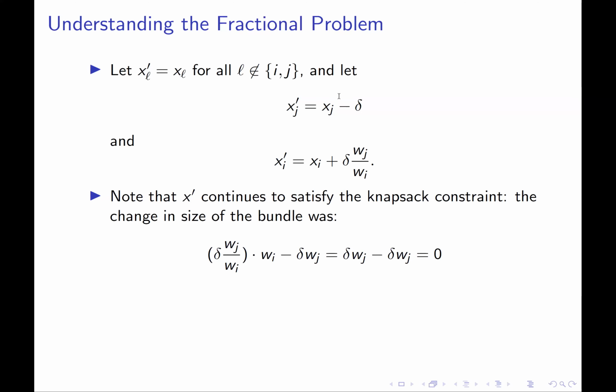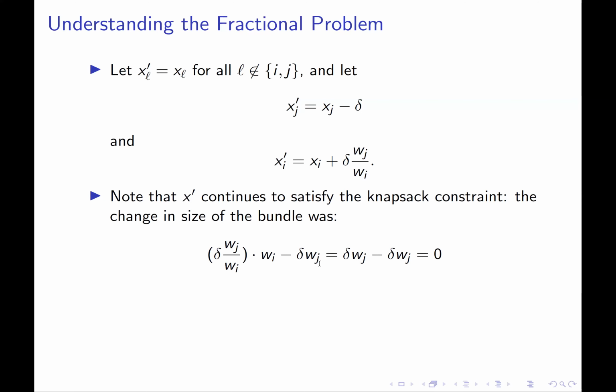On the other hand, we've subtracted delta from bidder j's allocation, which means the total size we've removed from the knapsack is delta times wj, bidder j's size. And so we see that the total change in size of the bundle is 0.